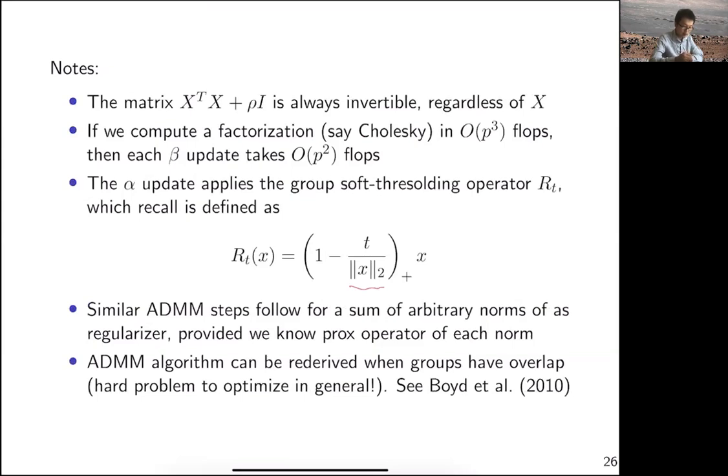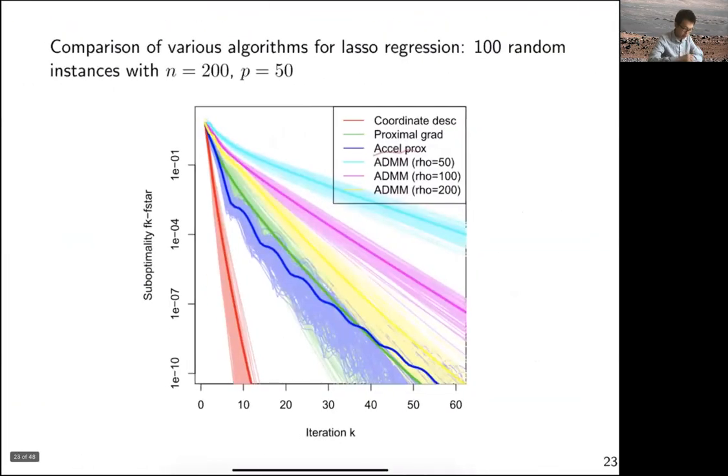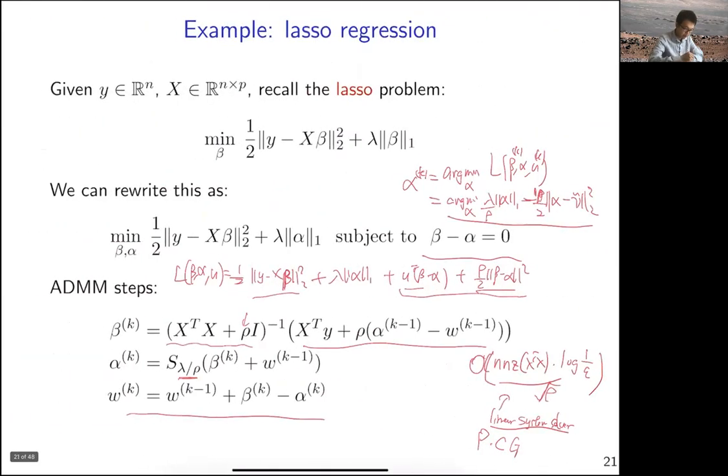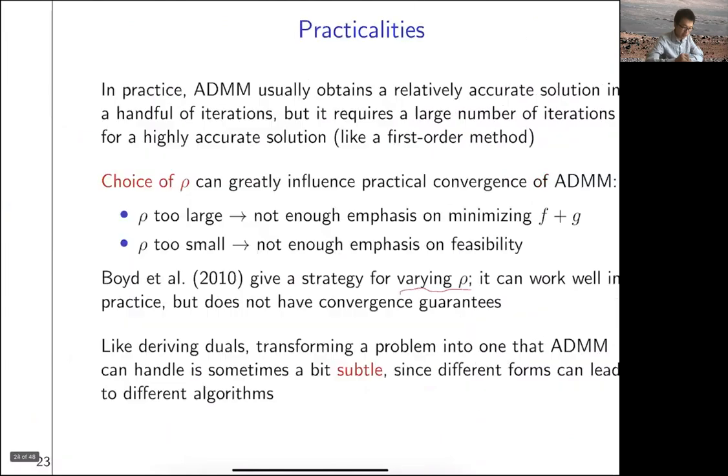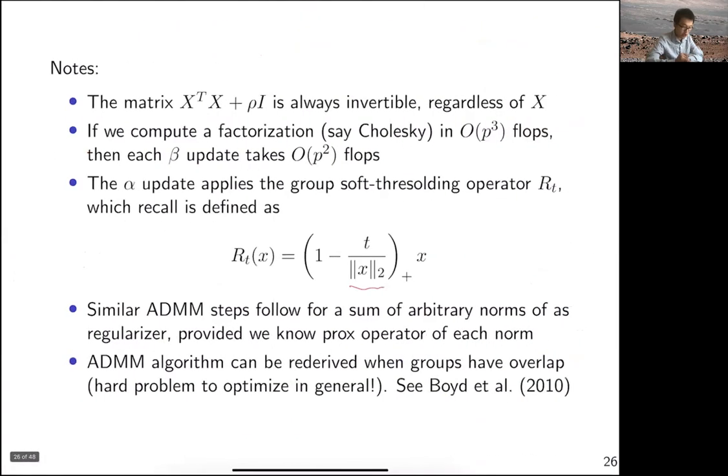I forgot to mention this additional trick that can be used to improve the computation of every iteration of ADMM. In both problems that we talked about here, we're actually solving a fixed linear system in every iteration. The idea is that you don't have to resolve everything in every iteration.